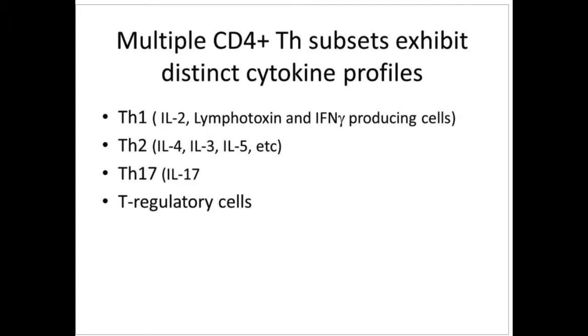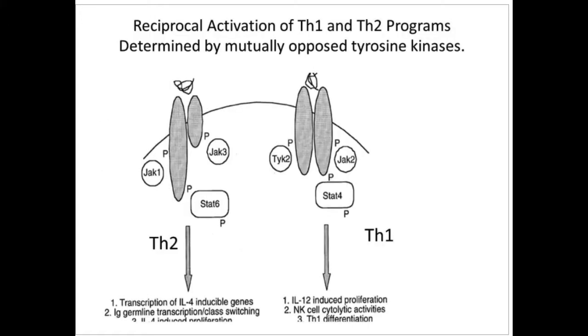Interleukin-4 is kind of the classic allergy-inducing cytokine, and interleukin-5 is actually a cell growth factor for eosinophils. So the Th2 program is an allergic program. More recently, the Th17 subset has been described, and I'm going to talk a little more about that a bit later. I'm also going to talk about T regulatory cells as well, which, along with Th17, are really sort of the new kids on the block, but are very important.